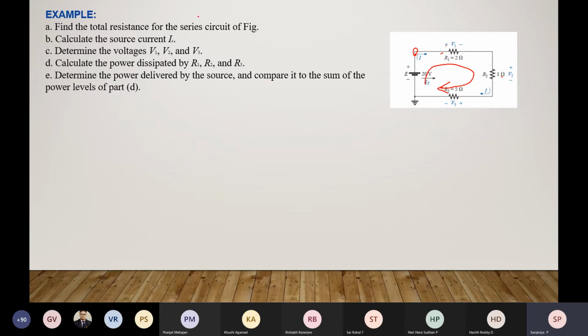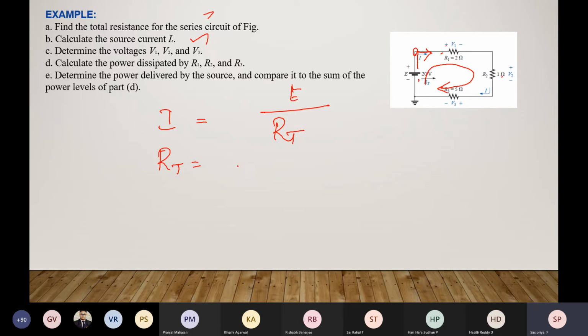Now the question is, calculate the source current, which is the current supplied by the source. How do we determine the source current? Voltage divided by the total resistance. Now, what is the total resistance? This is a series circuit, so the total resistance will be the summation of the resistances.